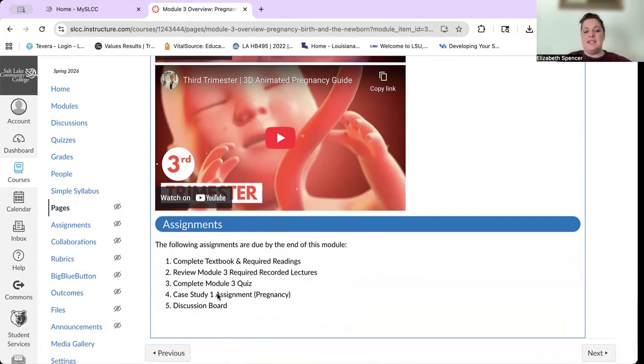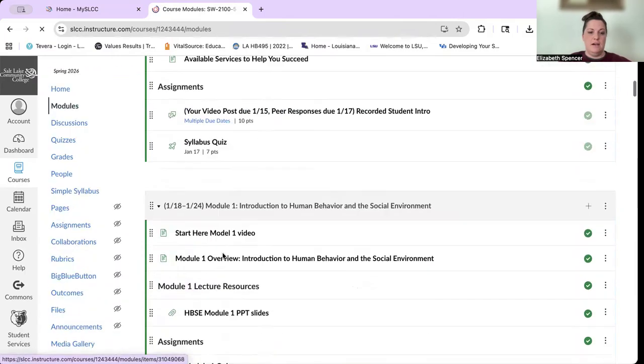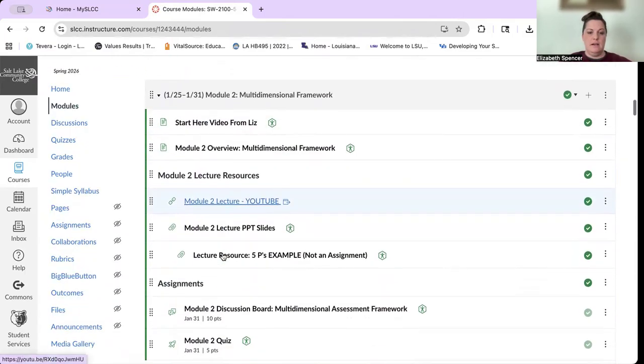Then you also have a case study assignment. I'm going to talk a little bit more about that in just a minute, and your discussion board this week.